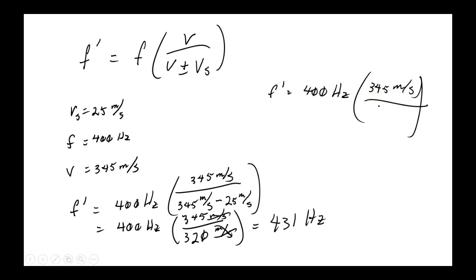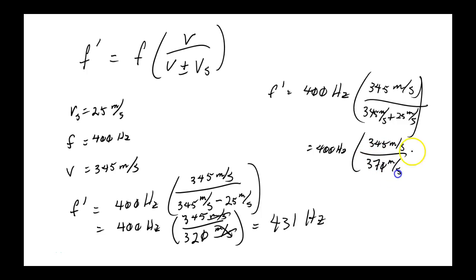Over 345 meters per second. Plus, this time, as you said, 25 meters per second. So that will be 400 hertz times 345 meters per second divided by, this time that's 370, isn't it?